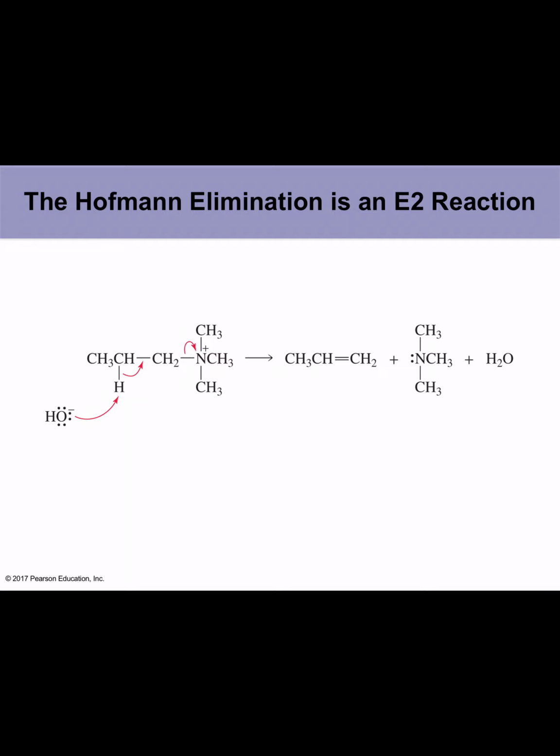In order for this process to take place, you can see that the nitrogen has to have a side chain that has at least 2 carbons or more. If you don't have 2 carbons or longer, this process cannot take place.